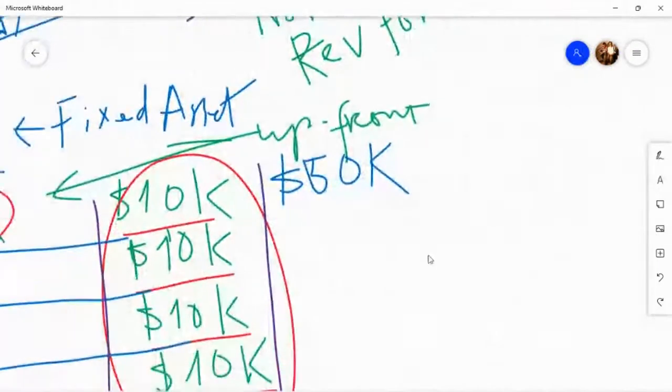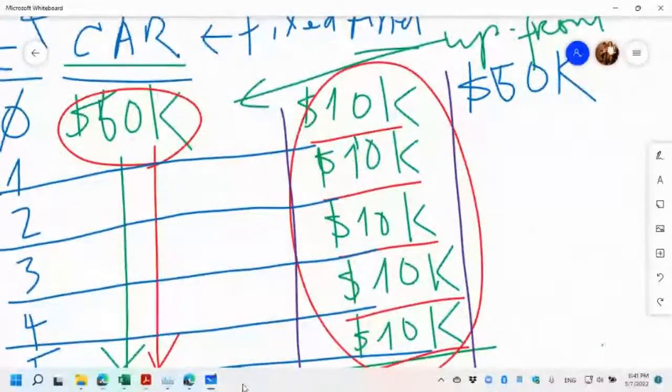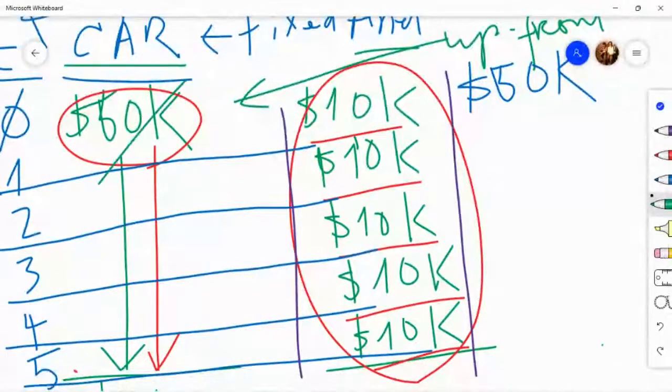So this is why they cannot allow writing off 50K, the whole purchase cost of the asset, in year one. They want you to spread it over the service life of the asset.